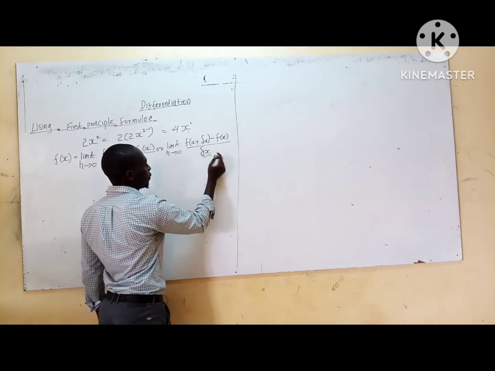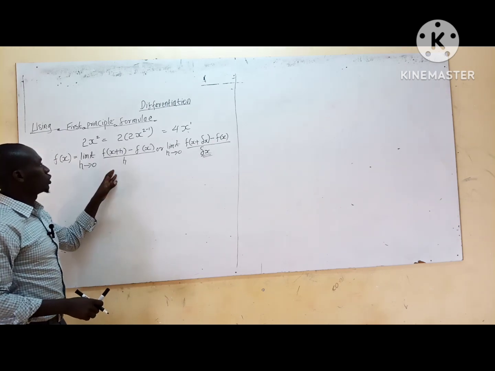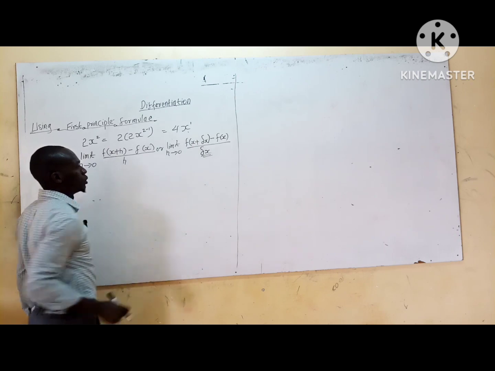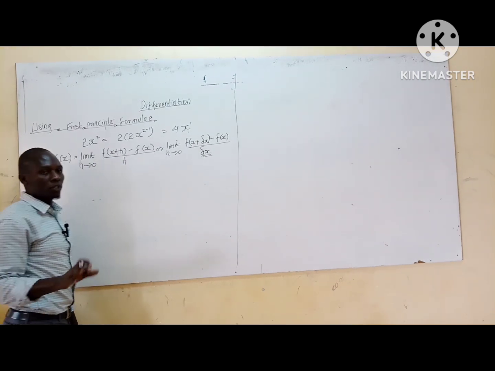So this is the notation of delta x. But I'm going to use the h one because at least this one is easier to understand, but if you understand both of them, it is well and good.